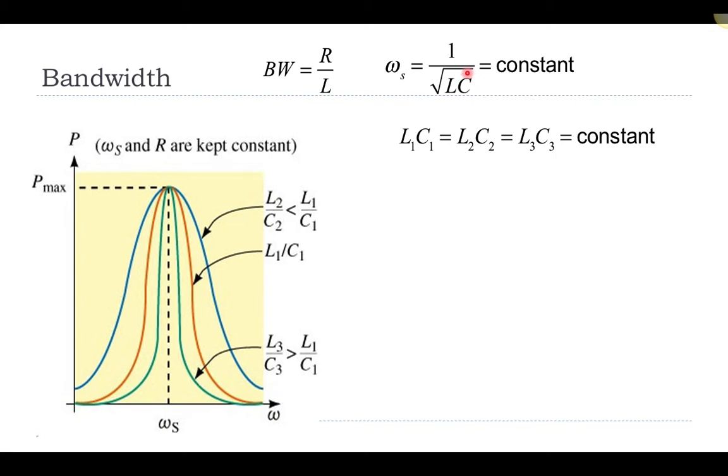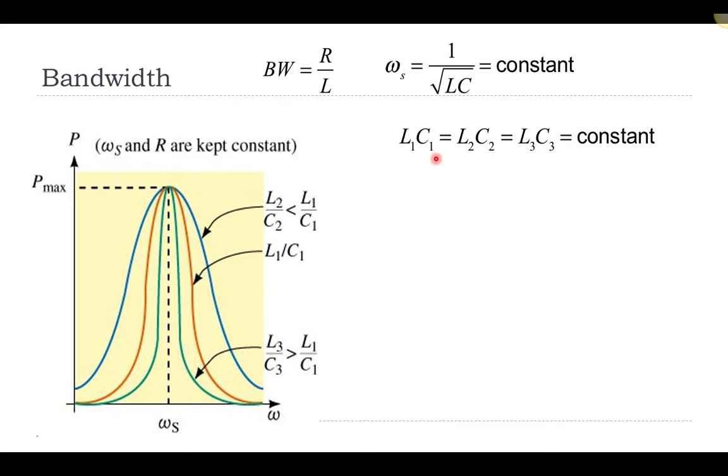What that means is that the inductance times the capacitance, which is how we figure out what the resonance frequency is, if that's constant, then those two quantities multiplied together also have to be constant, which means in my picture here, if I have an inductor and a capacitor in circuit 1, if I multiply those quantities together, it has to be the same as the multiplication of two other components together, or a third one.